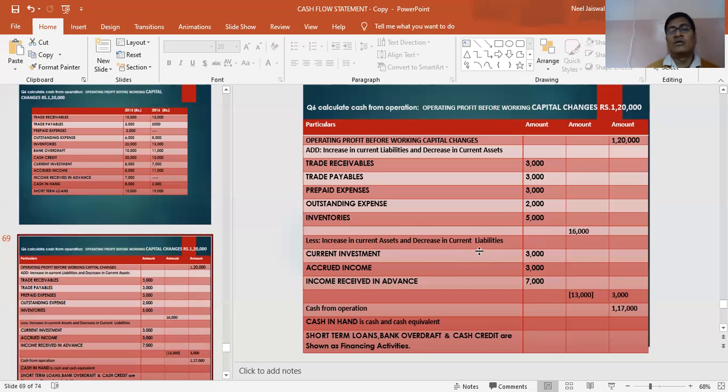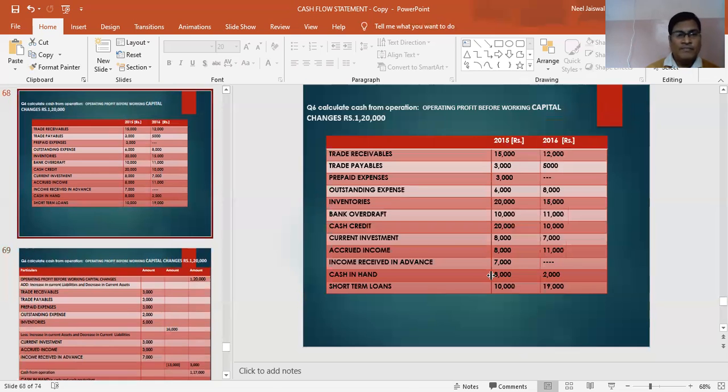Similarly, now increase in current assets and decrease in current liabilities. What happens now? Current investment. Previously it was 8,000, now 7,000.